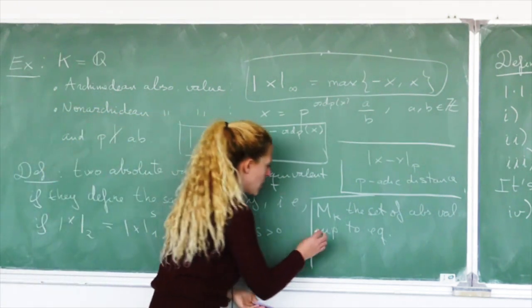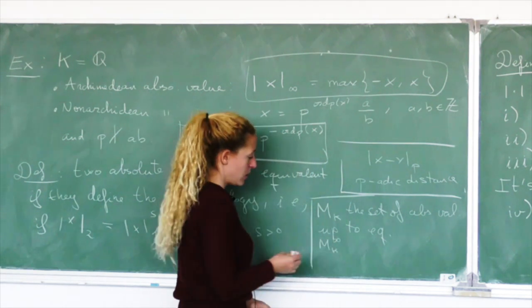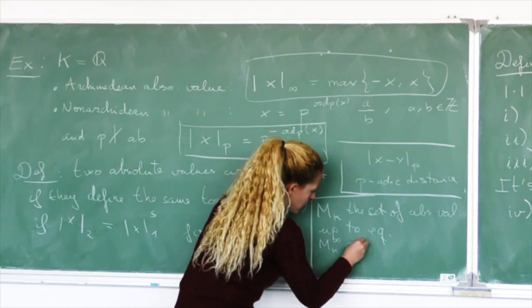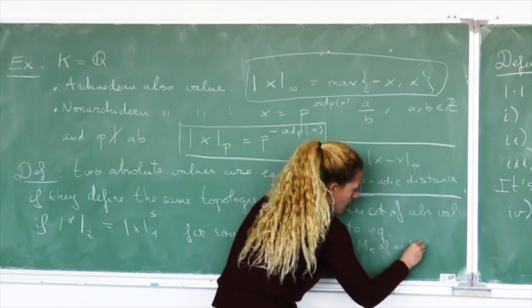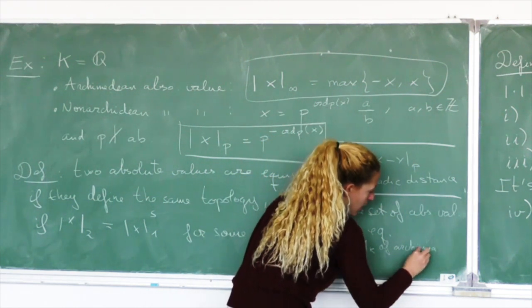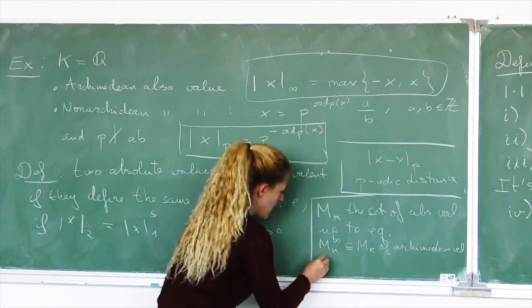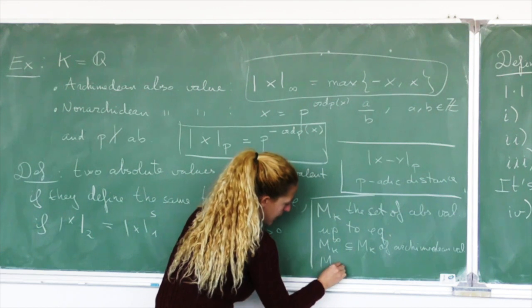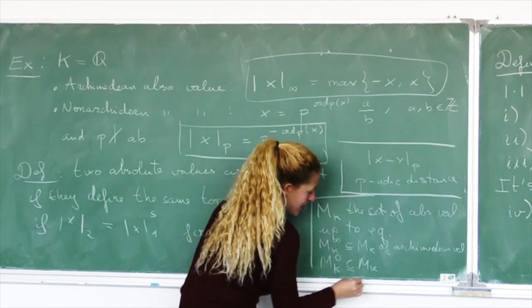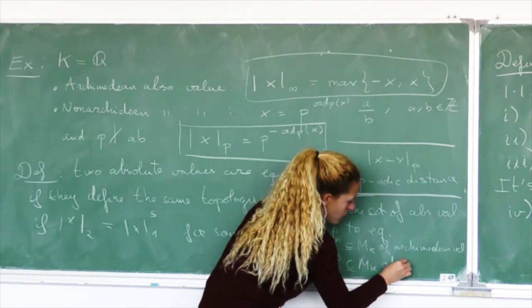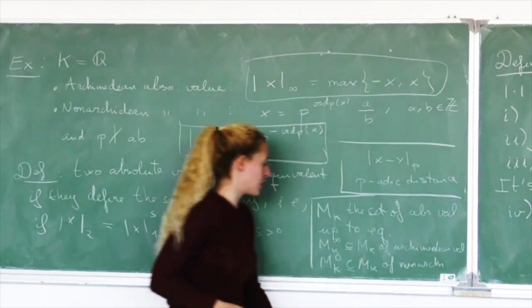Okay, and we denote by MK infinity the subset of MK of Archimedean values, and MK0 the set of non-Archimedean values.